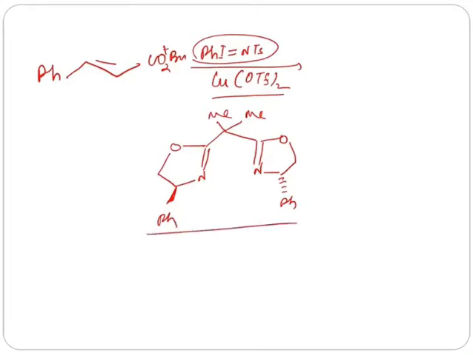By presence of this bis oxazoline ligand, we can have asymmetric aziridination on this substrate. So this is a very beautiful example.